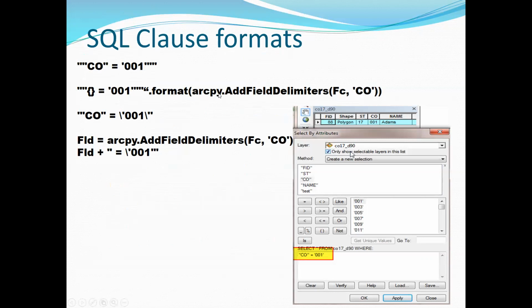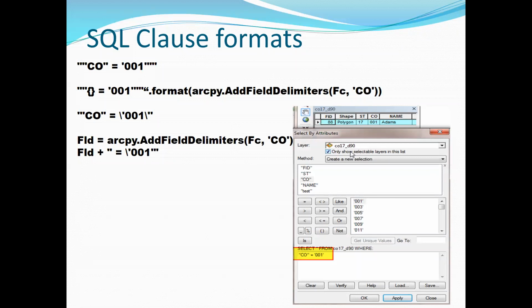So ArcPy has a specific add field delimiter tool or function. So the way it works is, if you're familiar with SQL clauses, they need to have different things for different data types. So a shapefile needs double quotes. Sometimes your file geodatabase will need single quotes.